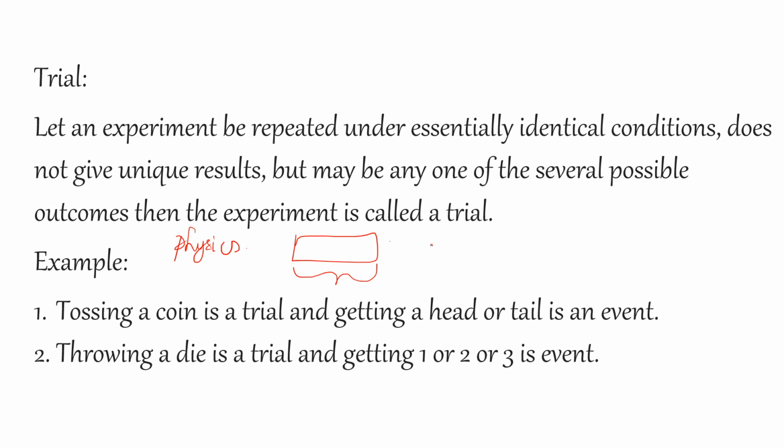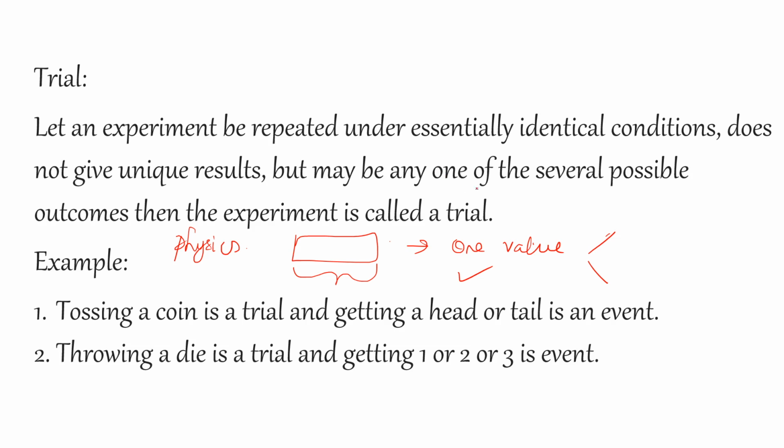You will put it in the vernier calipers and find out the length. What will be the outcome? Only one particular value, right? Can you say that sometimes for the same wooden piece, you get two different measures? Not possible at all. Only one is possible, right? Therefore, it is an ordinary experiment. It is not a statistical experiment.